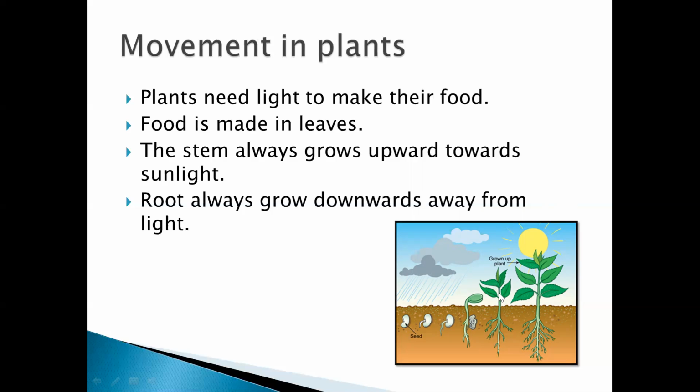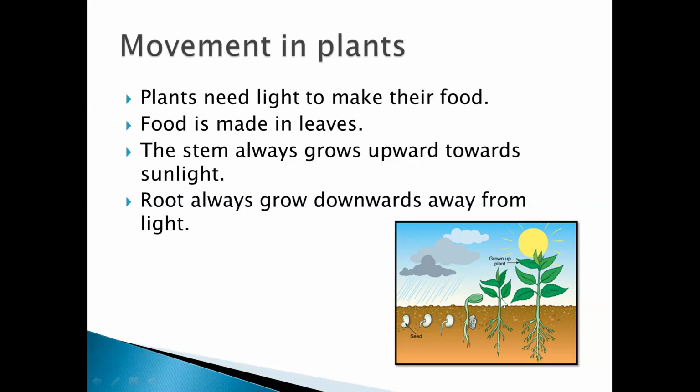The roots always grow downwards, away from light, towards the soil, because the roots have to absorb water and minerals from the soil. So this is the movement in plants.